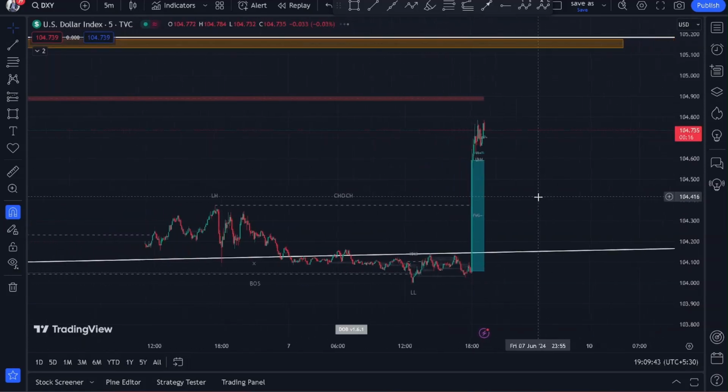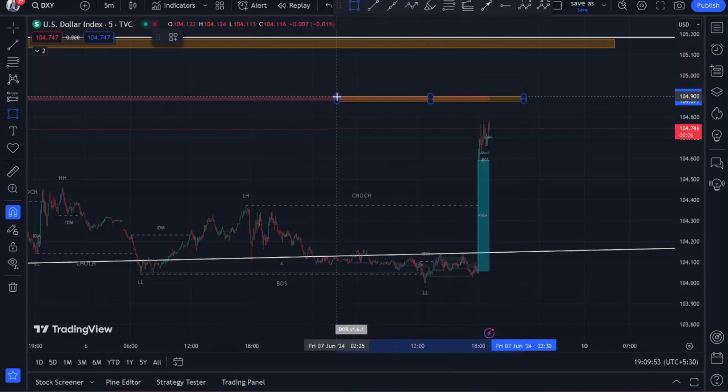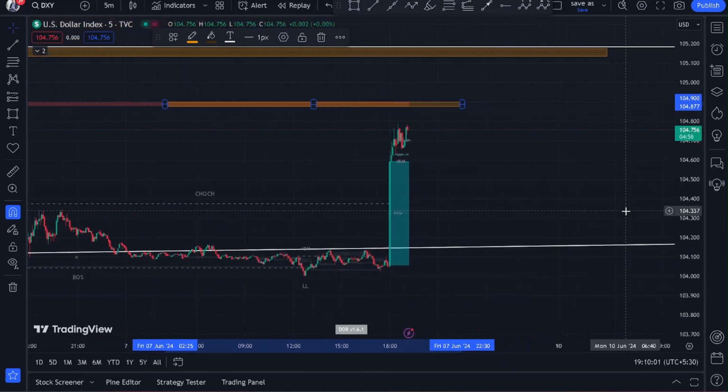On the 5 minutes, we have an order block over here, which is a little weaker than the higher time frame. Still, we can see price getting rejected and choppy in this 5 minutes because it has already factored in the news.